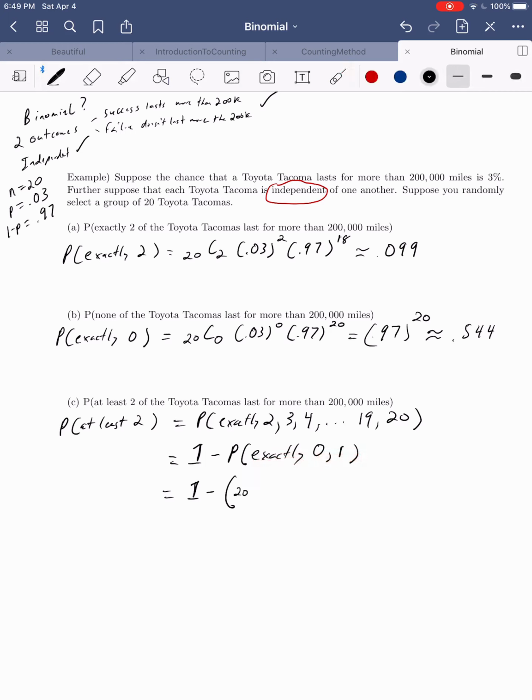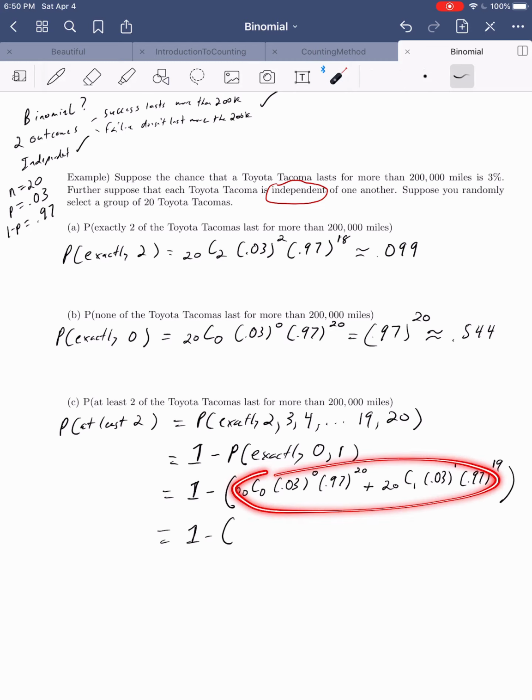First one would be 20C0, 0.03 to the 0, 0.97 to the 20, plus, now we're going to do the exactly 1, so that would be 20C1, 0.03 to the 1, 0.97 to the 19. This would be then 1 minus, and notice these parentheses are going to make us add these 2 things first and then subtract it from 1.